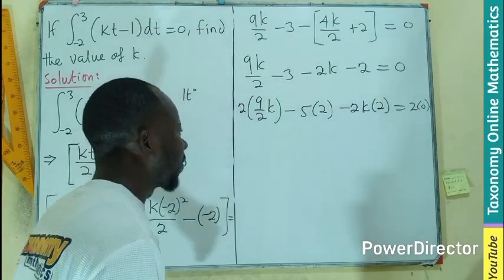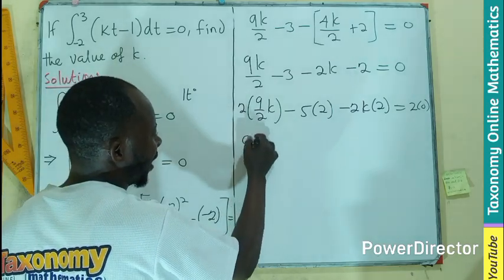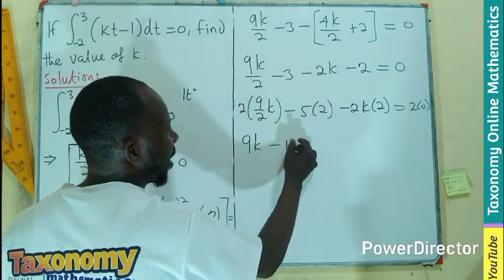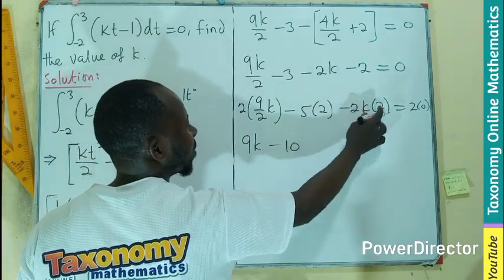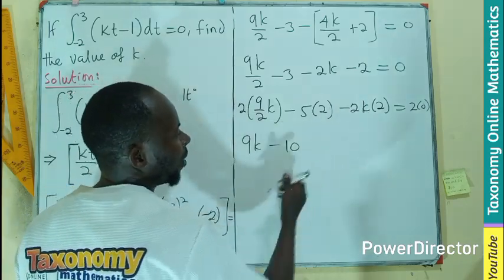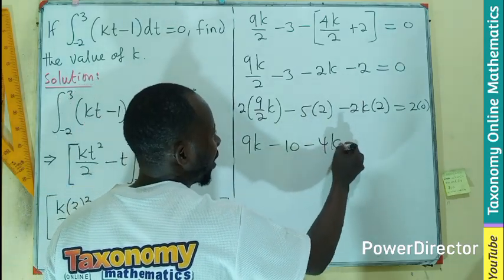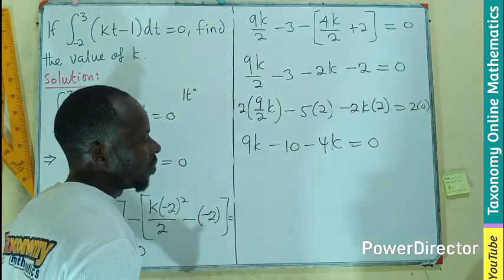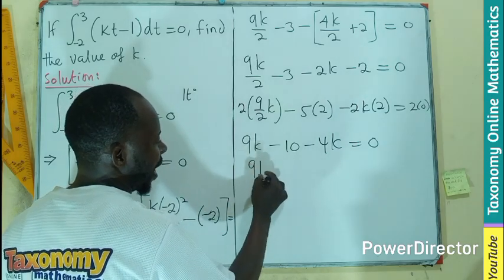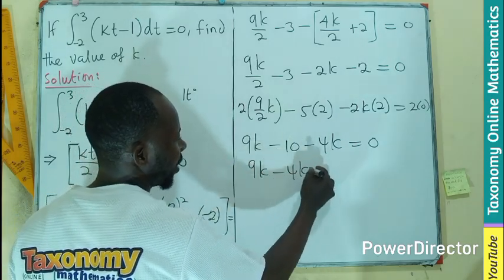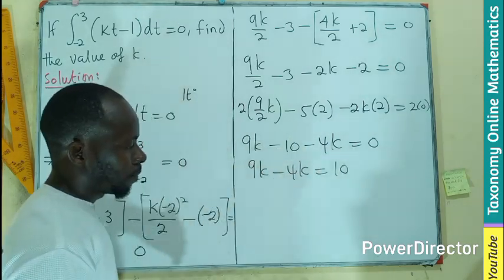Let me indicate that. So this will cancel to give you 9k minus 10. This is going to be -4k equals to 0.